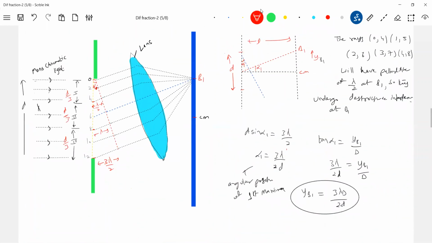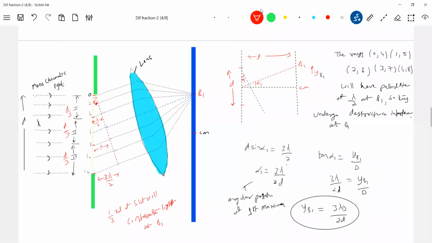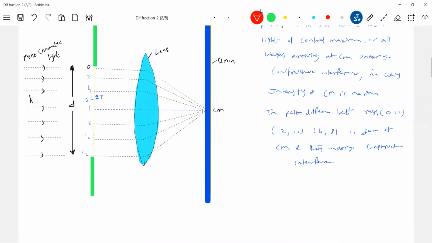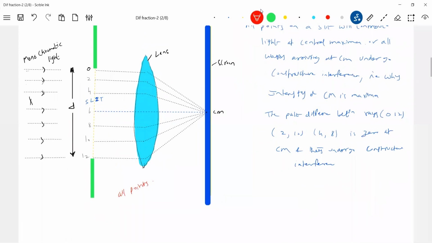So we select 1/3 of the slit, which will contribute light at B1. All points of the slit contribute light at the central maxima. That's the core idea.